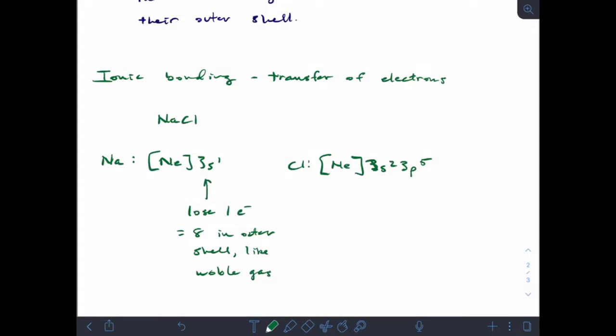For chlorine, on the other hand, chlorine gains 1, and has 8 in its outer shell, just like a noble gas.